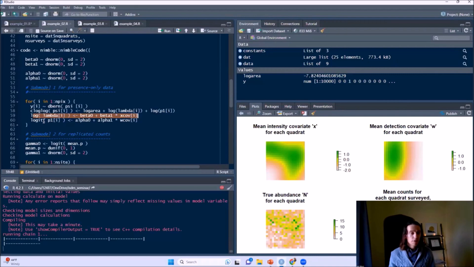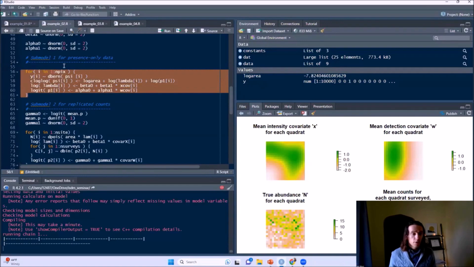And then we have this model for the thinning probability. And we model that as a function of, again, an intercept, this coefficient, and then that bias covariate. So again, for practical applications, that bias covariate may be something like human population density or road density, some sort of variable that you think is associated with how observers are going out and collecting your presence-only data.